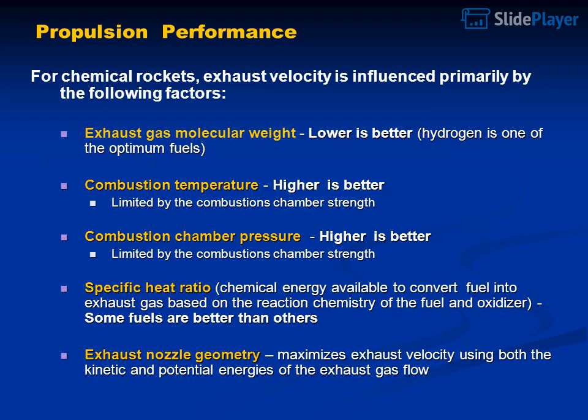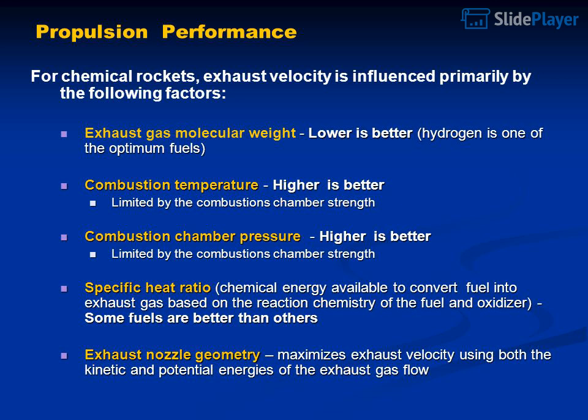Propulsion performance. For chemical rockets, exhaust velocity is influenced primarily by the following factors. Exhaust gas molecular weight, lower is better. Hydrogen is one of the optimum fuels. Combustion temperature, higher is better, limited by the combustion chamber's strength.